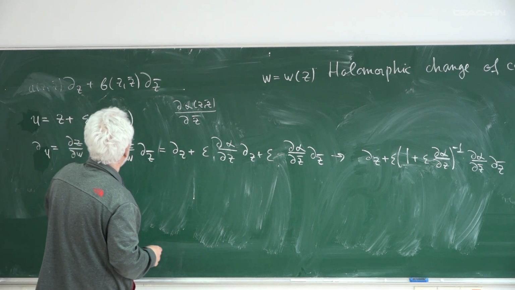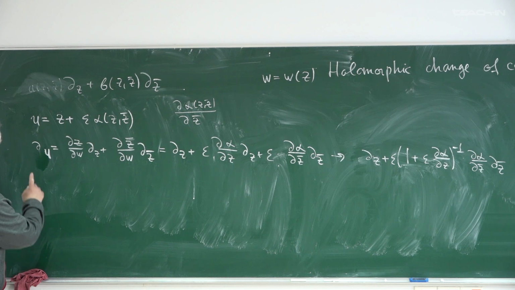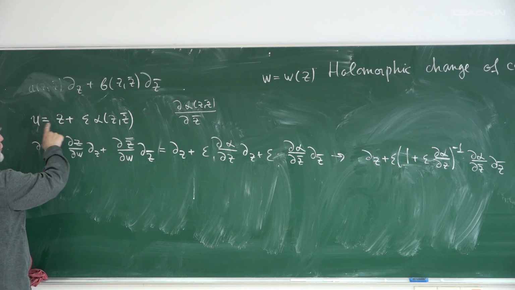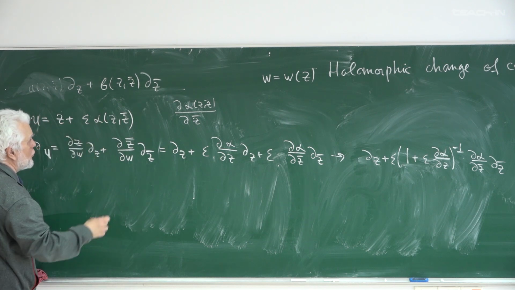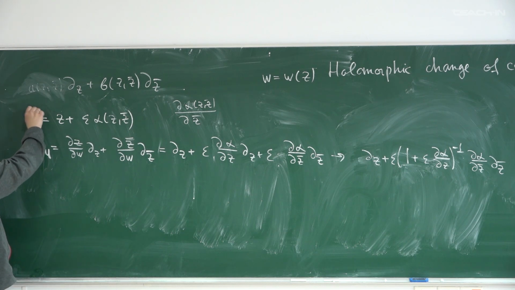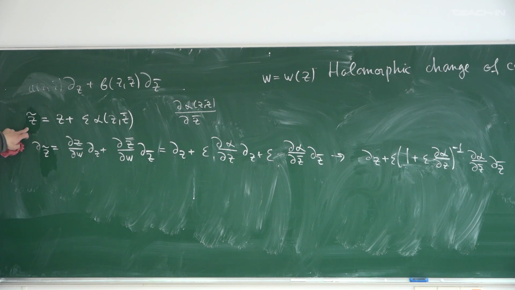What happens if you make a holomorphic change of variables? It was U in this coordinate system. Now go to Z tilde.